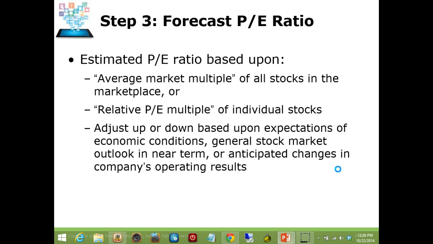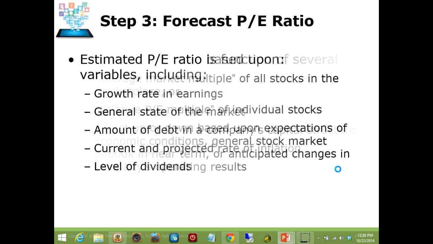It's every stock out there averaging all their PEs together. We want to compare this to the relative PE of an individual stock, and we might make adjustments up or down based on expectations of the economy, the general stock market outlook, and how optimistic or pessimistic people feel about stocks. But we want to develop a forecasting PE model or ratio.